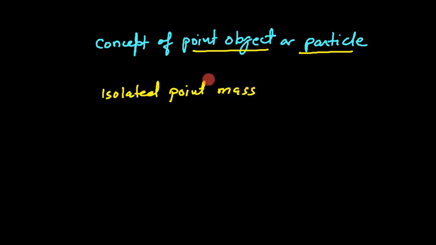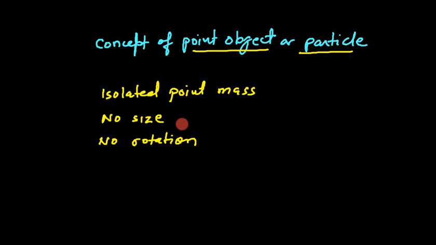Let's emphasize these terms: having no size, and incapable of rotation, that means no rotation. If we have these three characteristics, we can call it a point object or particle.